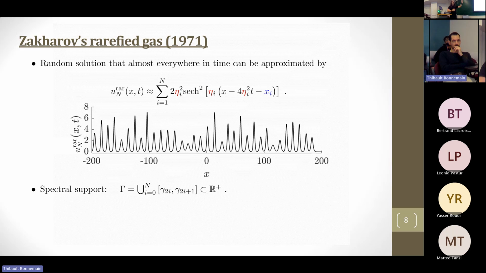Here I'm considering a rarefied soliton gas, so this should be associated with a collection of discrete points. But ultimately, I would want to use this kind of formalism to also approximate more general solutions that involve continuous spectrum. And I will do so by populating my bands of continuous spectrum with an increasingly large number of points. Okay.